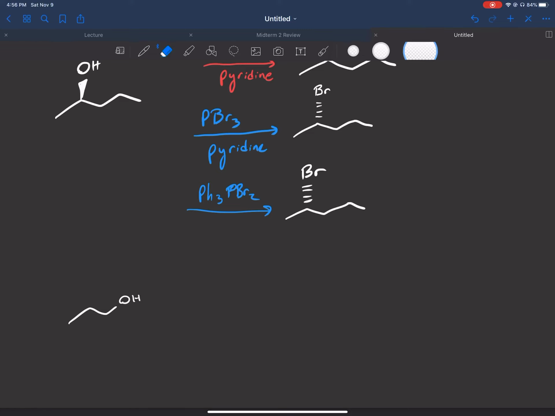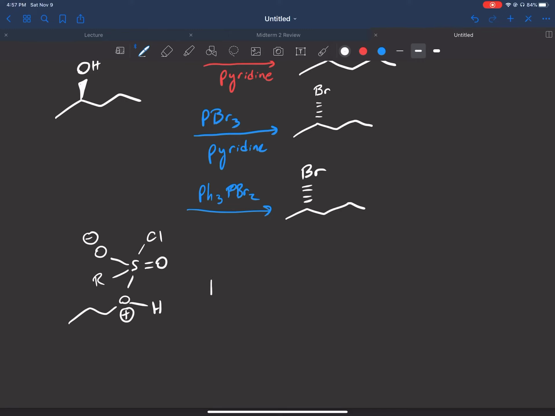I essentially had the mechanism looking like this, with the R group and that plus charge. What I drew is the O minus came down to kick the chlorine out, and then we deprotonated the H. It should have really been the other way around.